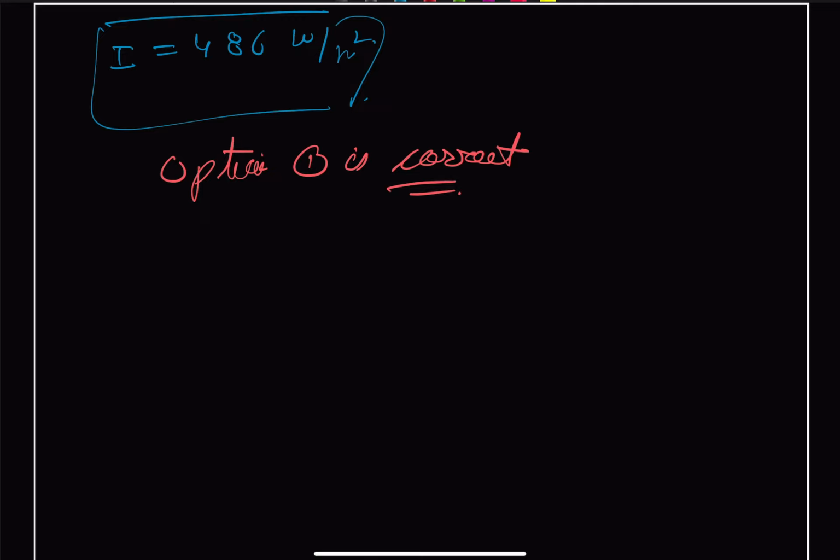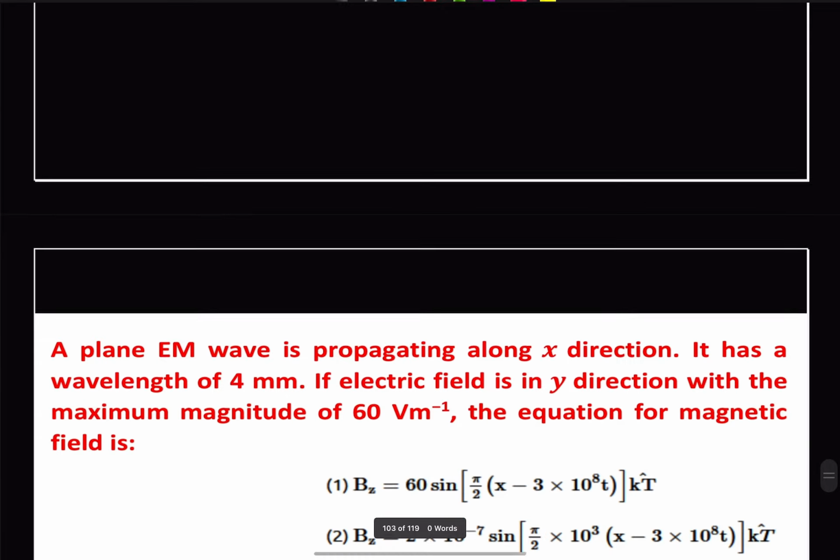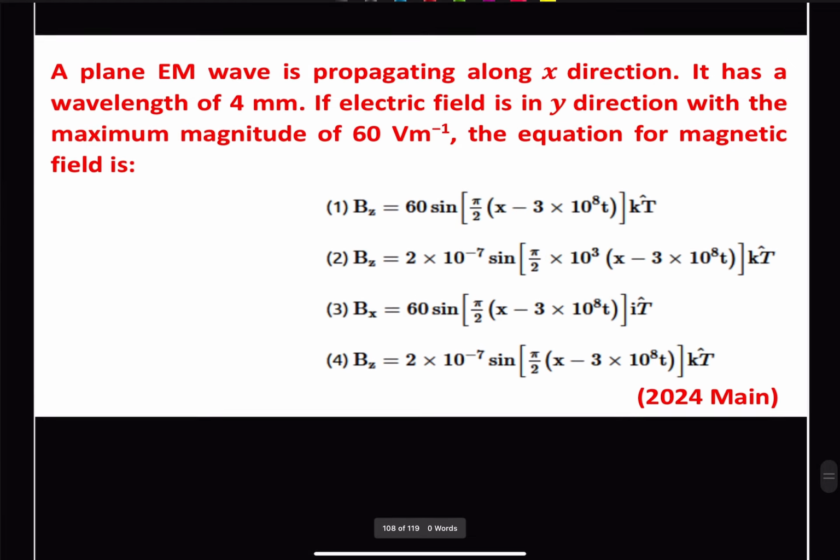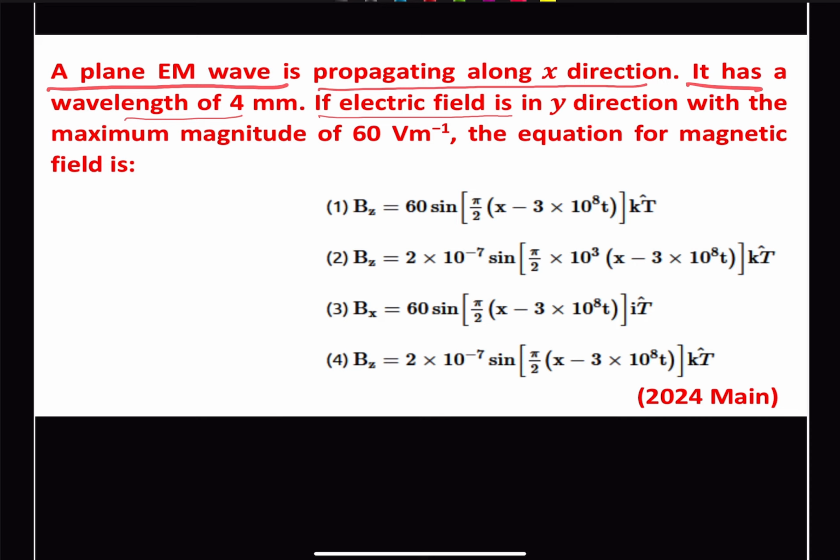Next question. It states that a plane EM wave is propagating along the x direction. It has a wavelength of 4 mm. If the electric field is in the y direction with a maximum magnitude of 60 volt per meter, the equation of the magnetic field is.